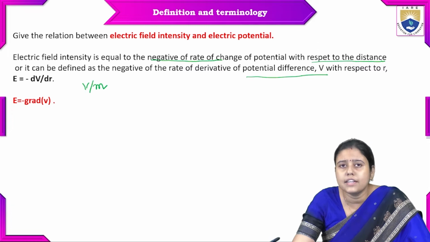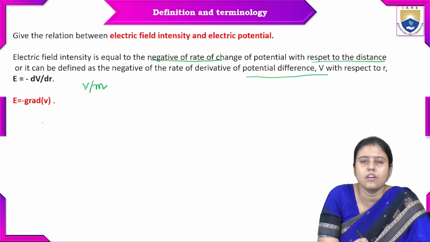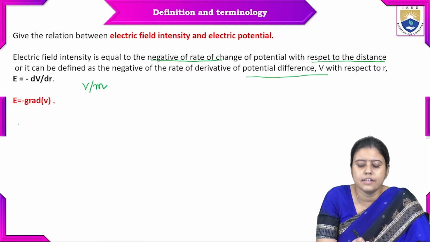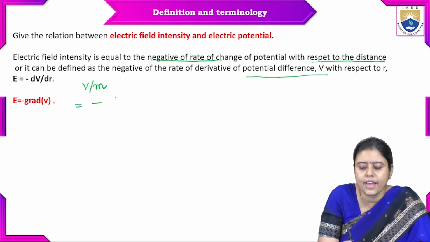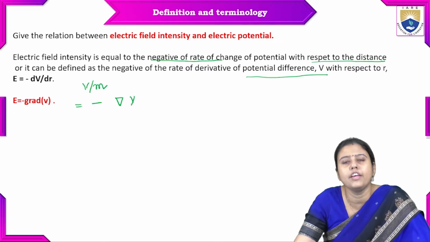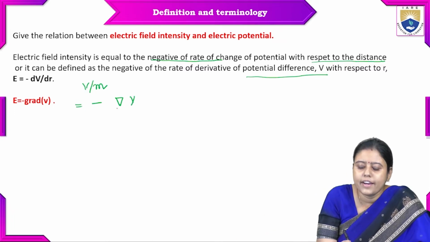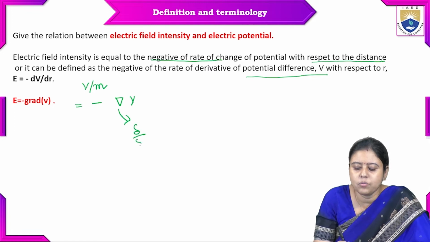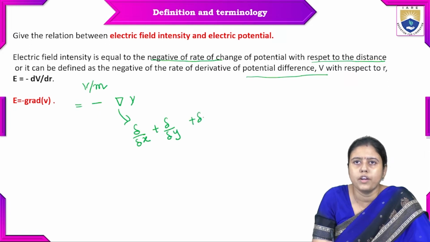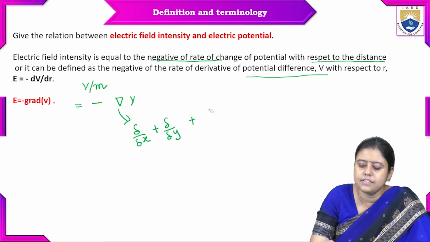Now, in the practical case, the charges are in three dimensions, so we can't define the field intensity in one dimension. The field intensity in vector form is E is equal to minus grad V. What is the meaning of grad? Grad means differentiation with respect to x, y, and z.